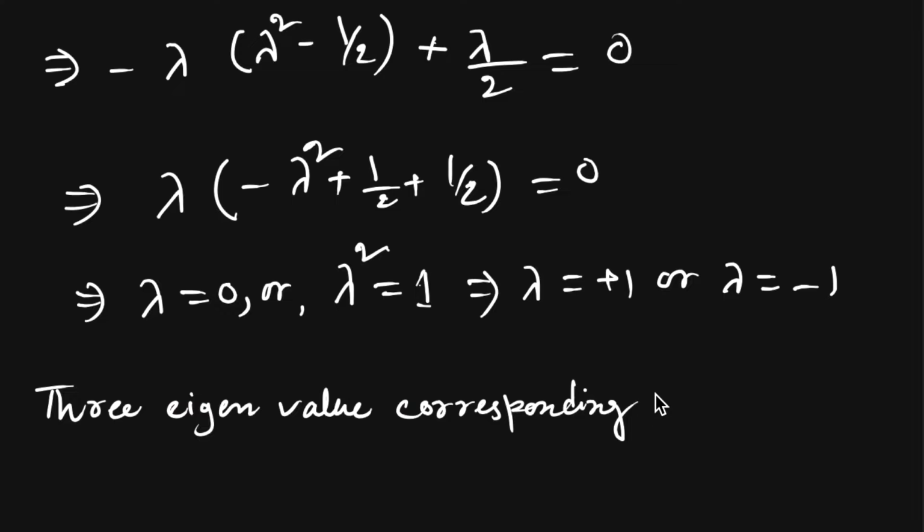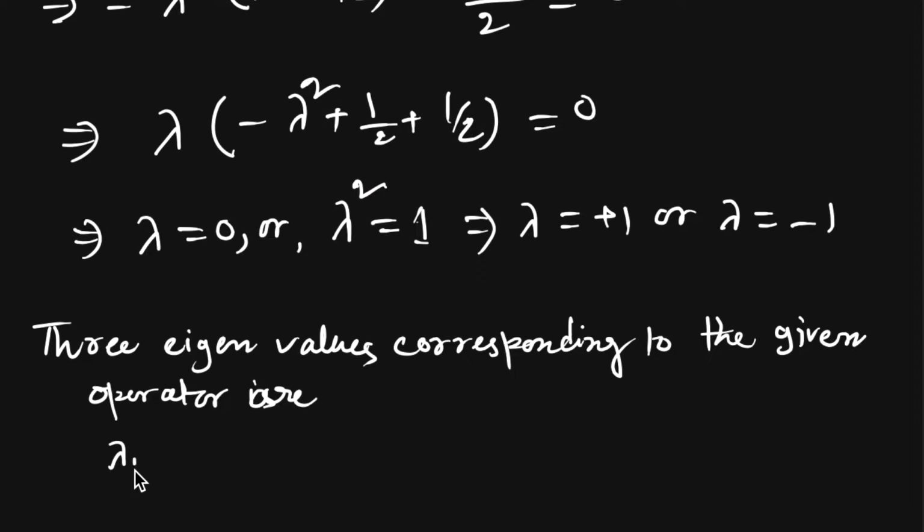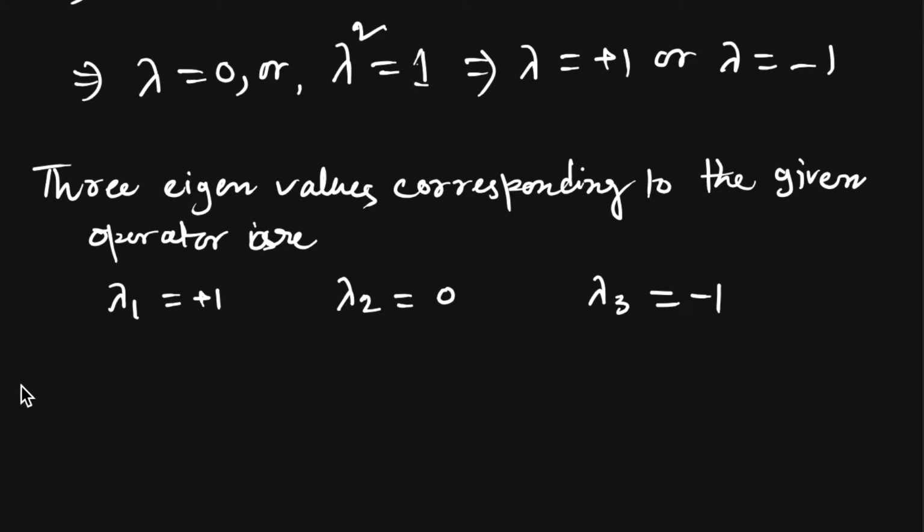That means the 3 eigenvalues corresponding to the given operator are lambda 1 is equal to plus 1, lambda 2 is equal to 0, lambda 3 is equal to minus 1. Now let us calculate the eigenvectors. Suppose that x is the eigenvector which is x1, x2, x3.